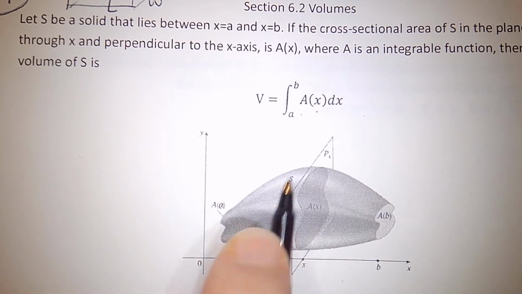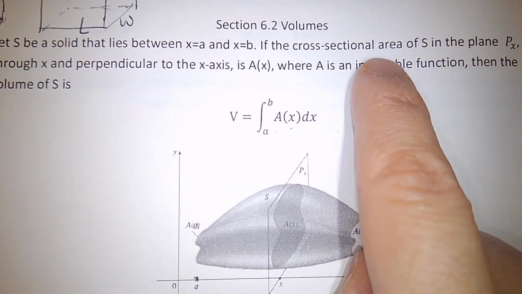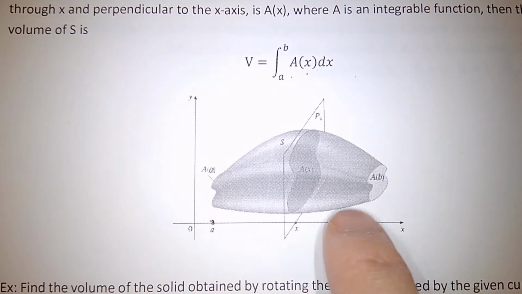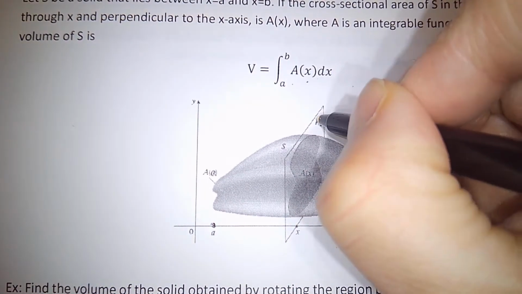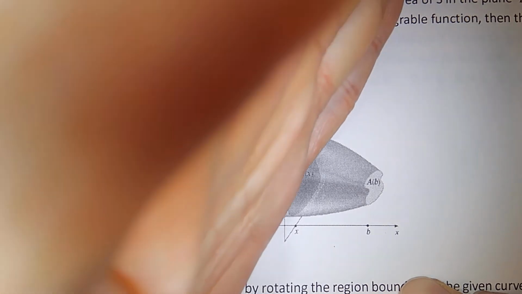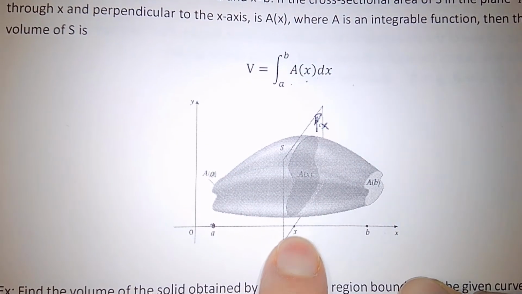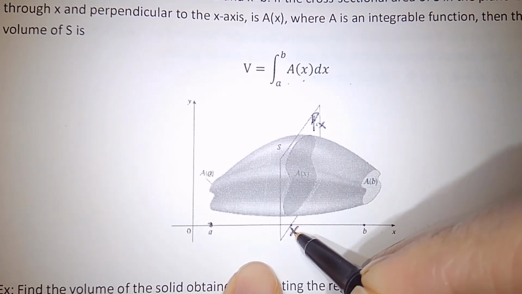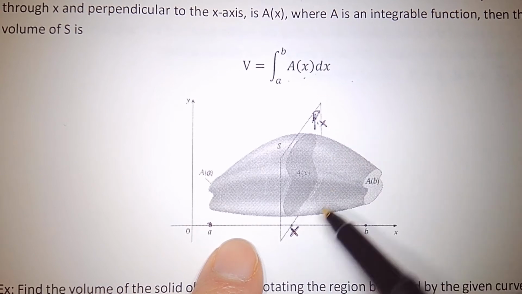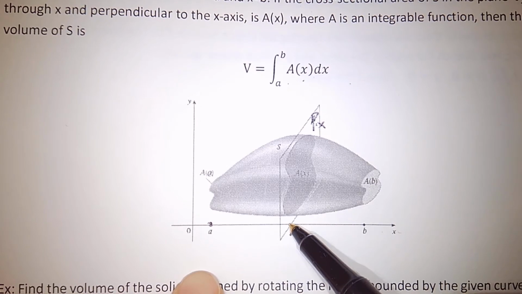And then we have a cross-sectional area of S in the plane P_x. What is this plane P_x? We draw a vertical plane which passes through the point where x equals x, and this plane is perpendicular to the x-axis.